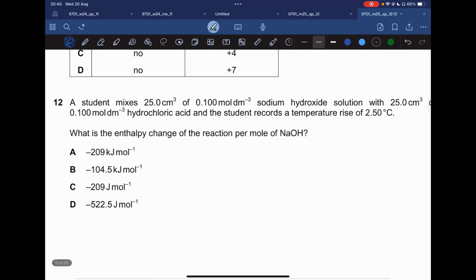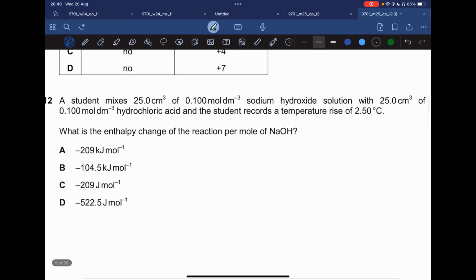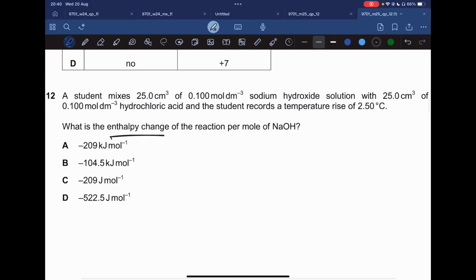Okay, 12. A student mixes 25 centimeters cubed of 0.1 moles per decimeter cubed sodium hydroxide with 25 centimeters cubed of 0.1 moles per decimeter cubed hydrochloric acid, and the student records a temperature rise of 2.5, and we're looking for the enthalpy change. So we're looking at Q equals mc delta T, and we need the mass of the water.